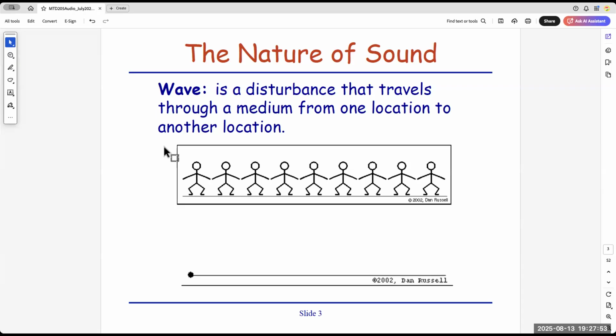Sound is a part of our daily life. We have been dealing with sound from your baby time all the way to adulthood. So how sound comes about is that it is a kind of wave.